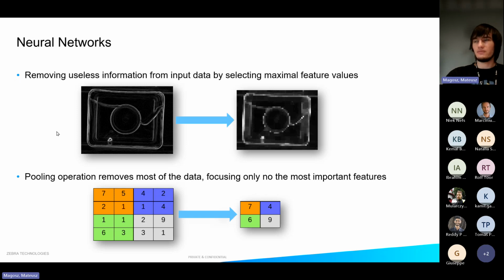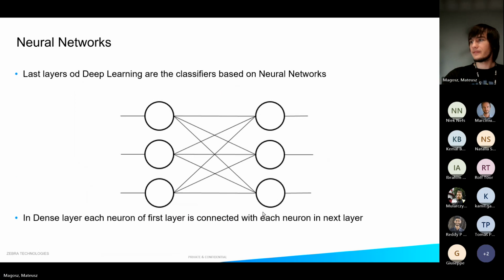It is usually connected with downsizing. So we only take the characteristic, most important pixels from our image and reduce it into an array of just those characteristic pixels. And the last layer of deep learning could be a classifier, something similar to the plain neural networks.